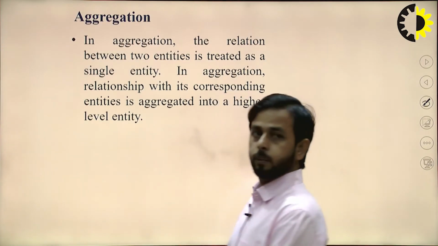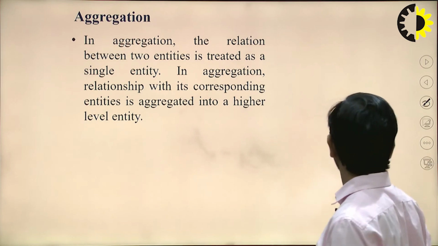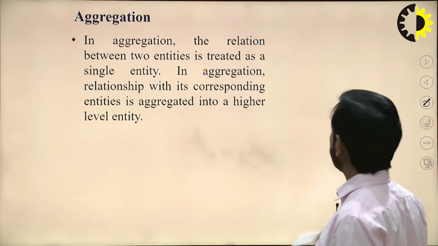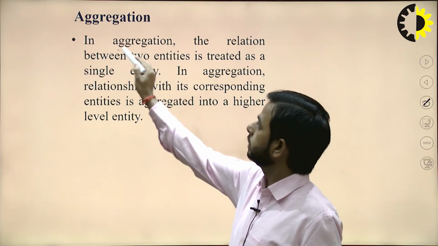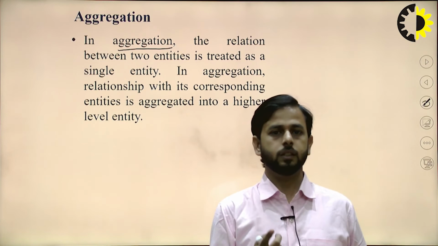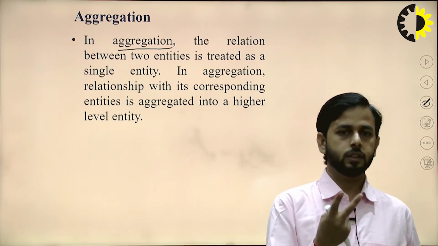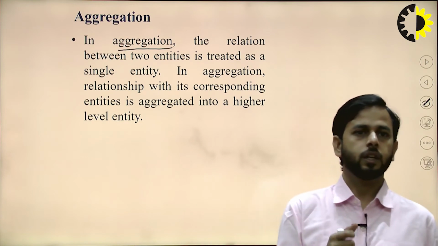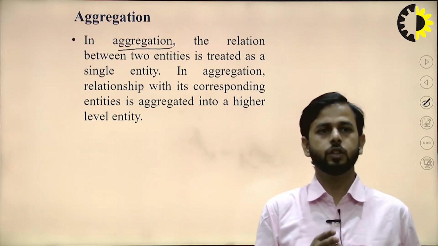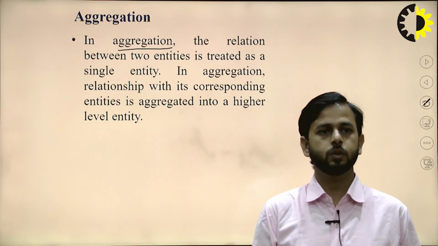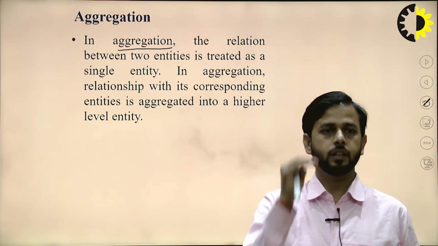Next, see the aggregation. In aggregation, the relation between two entities, suppose we have two entities, is treated as a single entity. In aggregation, a relationship with its corresponding entities is aggregated into a higher level entity.